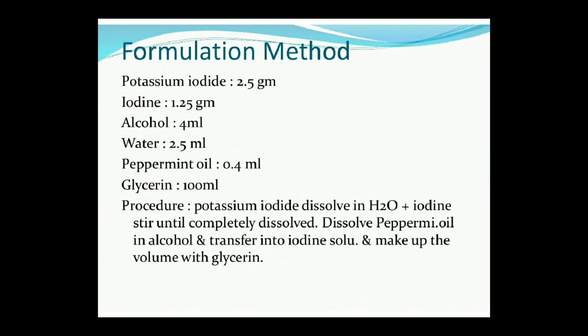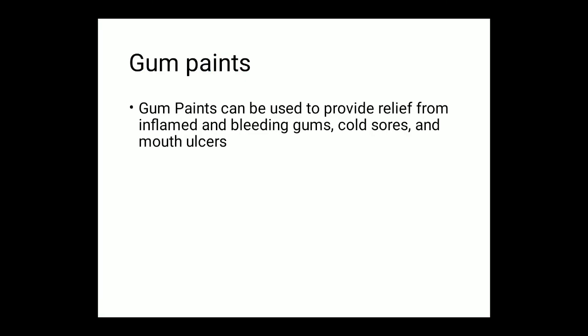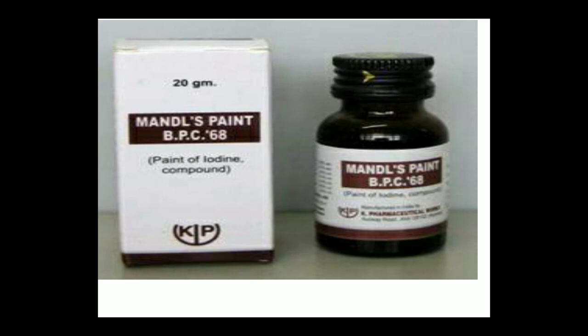Throat paints. This is Mandel's throat paint. Some marketed preparations: gum paints. Gum paints can be used to provide relief from inflamed and bleeding gums, and also for treatment of cold sores and mouth ulcers. This is Mandel's paint, used for treatment of mouth ulcers.